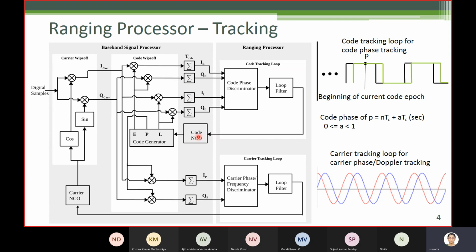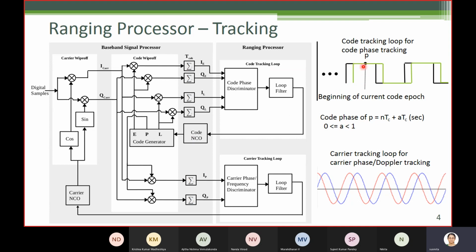Okay, so with the help of code NCO and code generator, it is possible to find out the code phase of P or how much time has elapsed, because TC has a particular time, right? So N is the number of chips preceding the current chip since the beginning of the code period. A is the fraction of the current chip. So with the help of the code generator and code NCO together, we can find the code phase of this point. Let's say this is the current point.